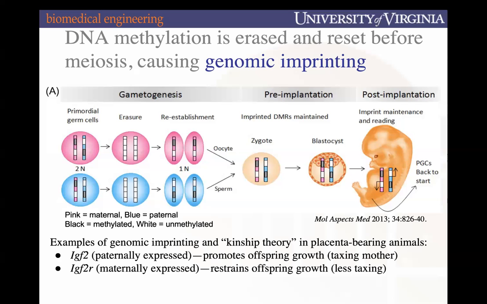And so there might be different degrees of expression of IGF-2 or IGF-2 receptor across individuals, but the general rules that regulate their DNA methylation apply here. Does that make sense?